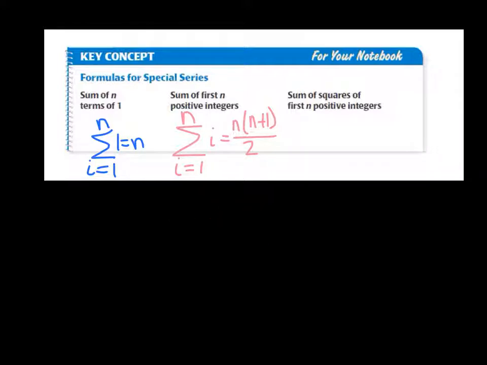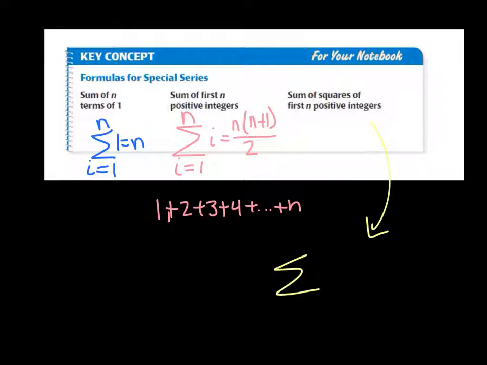And then the last one, let me write that a little neater. Just for room's sake, is when you have a series of your terms squared, starting with the first term.